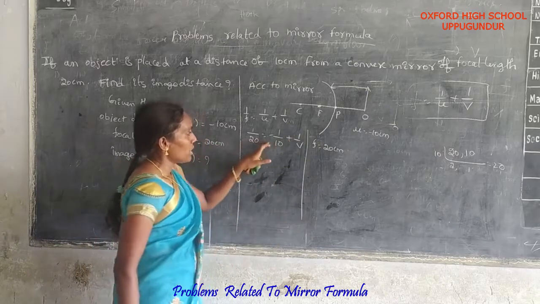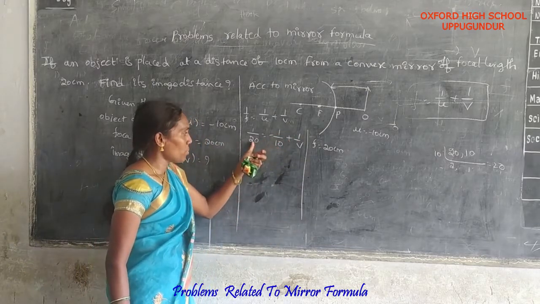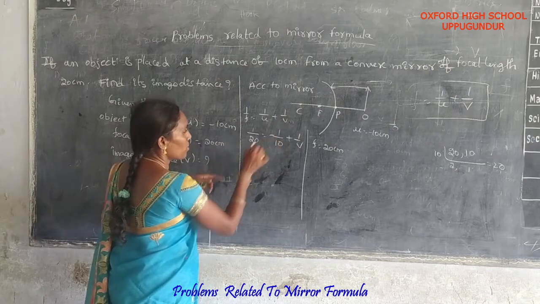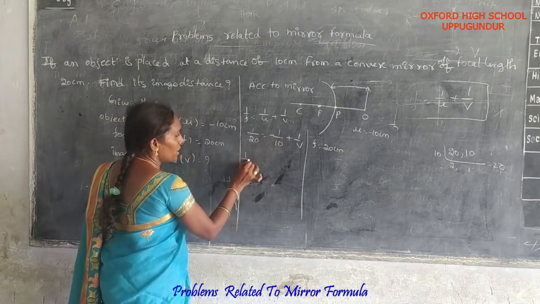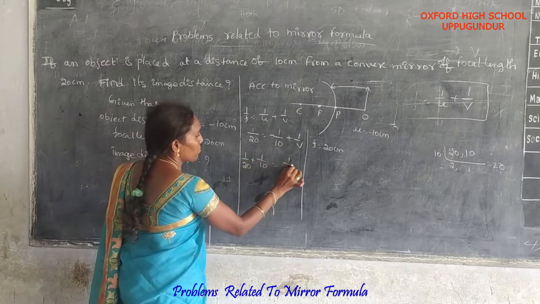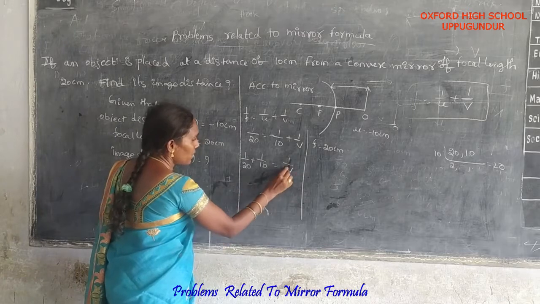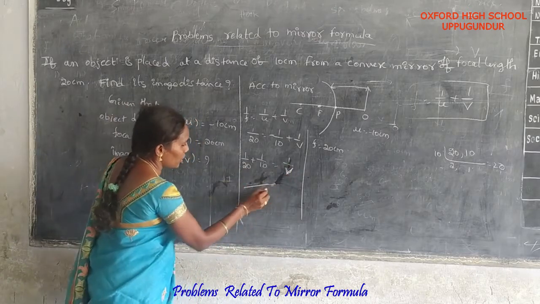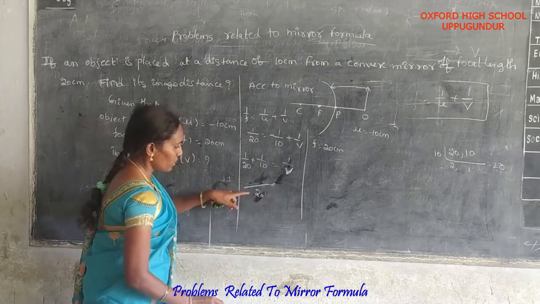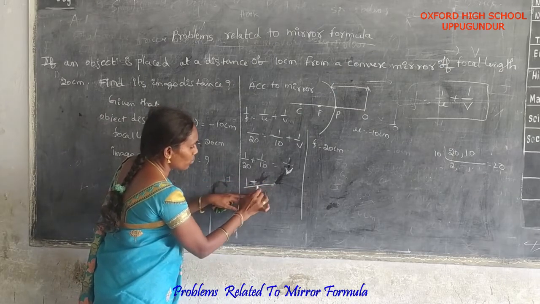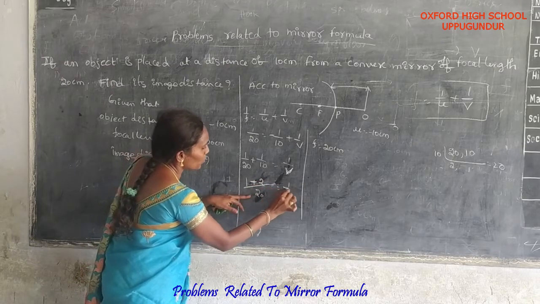Minus 1 by 10 is coming to the left side of this equation, the negative value becomes positive. This should be written as 1 by 20 plus 1 by 10 is equal to 1 by v. Here the LCM of 20 and 10 is 20. 20 ones are 20, so I write 1 plus 10 twos are 20, is equal to 1 by v.